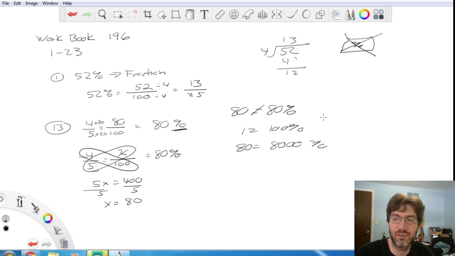Yes, you can use calculators, Eli. Just don't push the percent button. I don't know if every calculator has one. I don't even know if mine has one. Some calculators have a percent button. Stay away from the percent button. Yeah, my calculator has one.